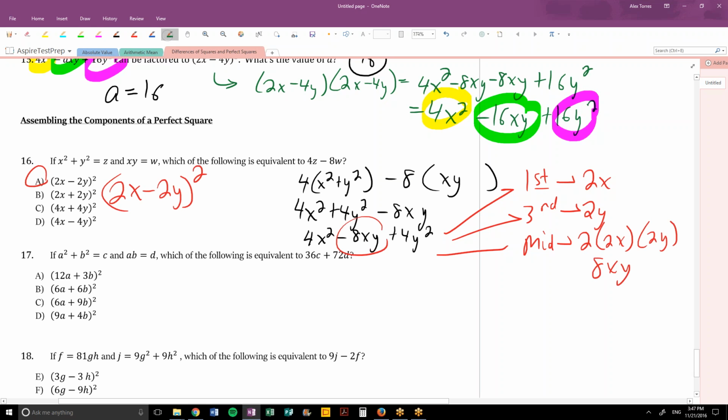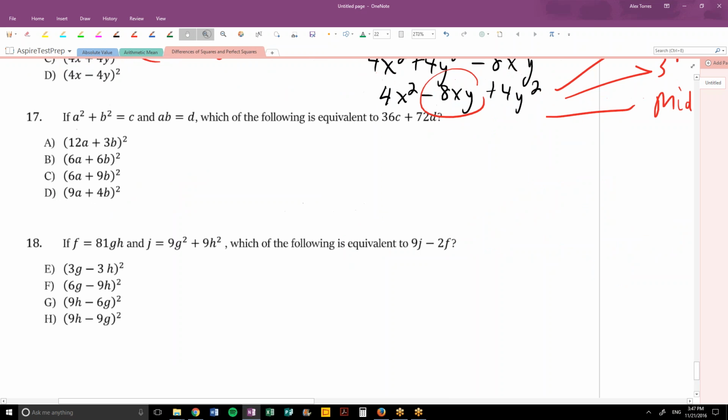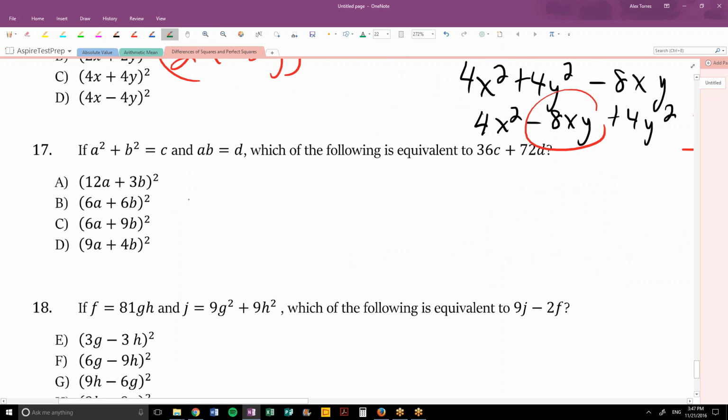Going over to number 17 now, we've got 36c plus 72d, and we can go ahead and substitute in what we have for c, a squared plus b squared, and what we have for d, which is ab, and distribute it out.